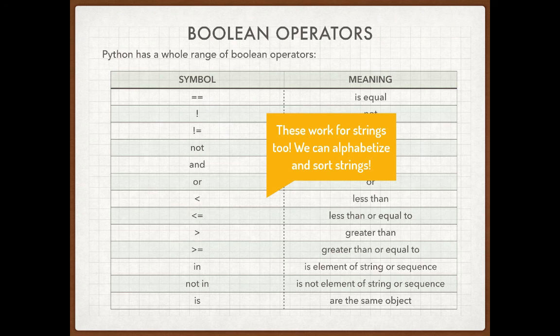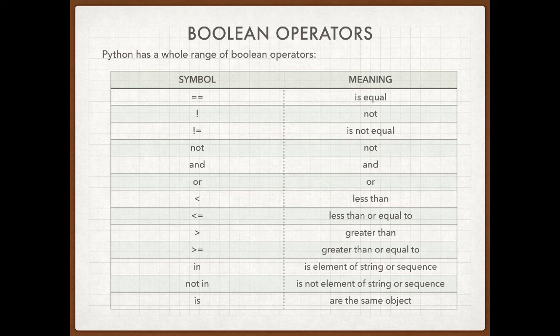The one Boolean operator that we were playing with just a moment ago, and we're going to see this again in the next slideshow when we get to more complex data structures, is the in operator. In is a Boolean operator that is either true or false, but what it asks is, does the thing on the left occur somewhere in the sequence on the right? So we were asking whether the letter A is in the string apple or not.